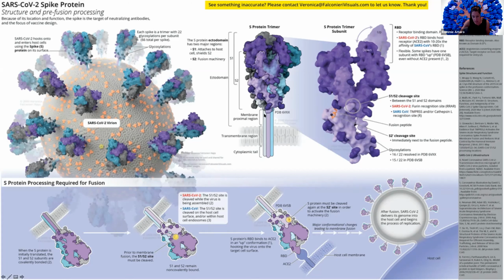In order to resolve this, they had to chop out particular bits. They chopped out basically the whole stalk that tethers these spike protein trimers to the viral membrane. That's why this is depicted here as a cartoon, because they don't have resolved structures for that. These spike proteins basically hang off of the viral particle.